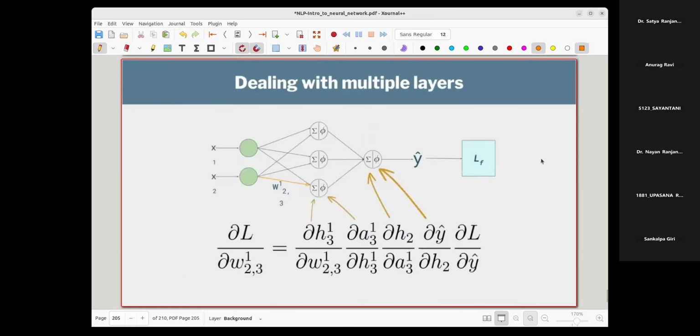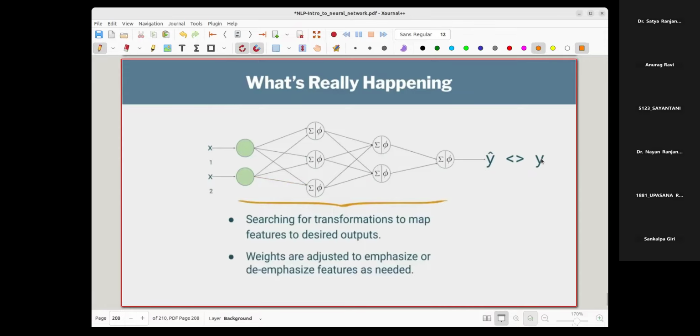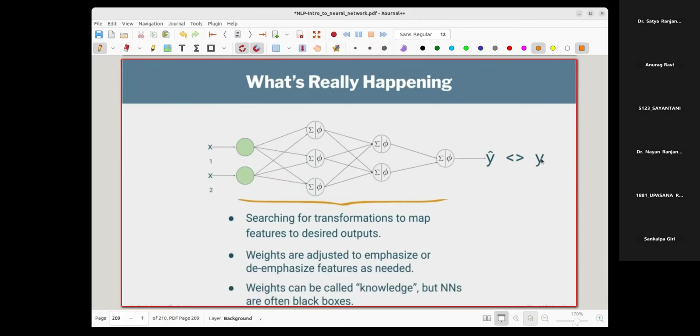Is it okay? See, if you have multiple layers, the same chain rule is going to be applied. Okay, just check it. So what really happens here is that we are searching for a transformation to map features, that is x to y. Weights are adjusted to emphasize or de-emphasize the features as needed, so that we get the appropriate weights.